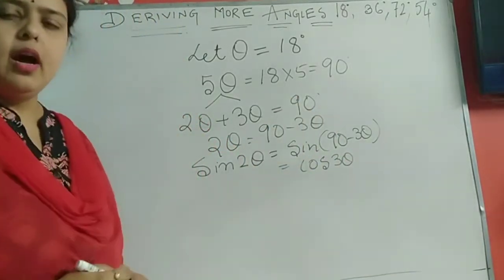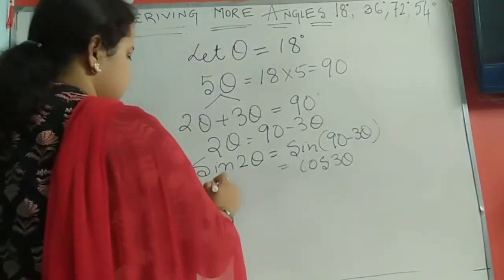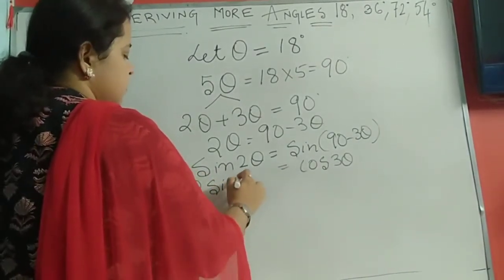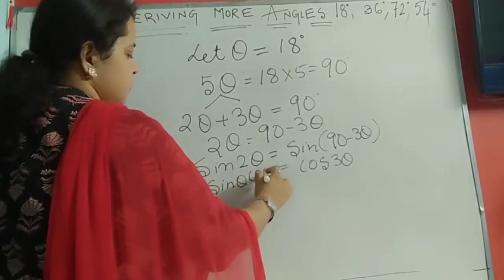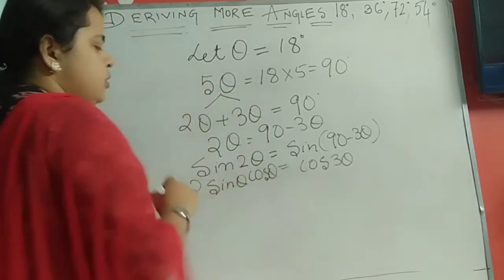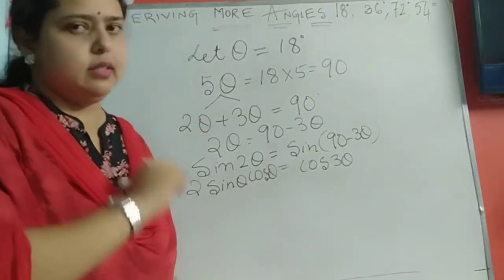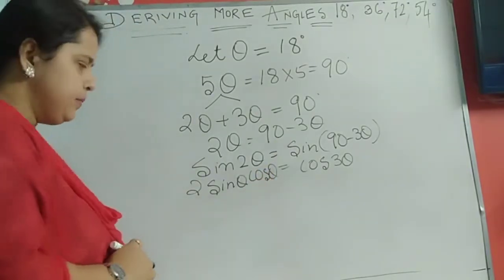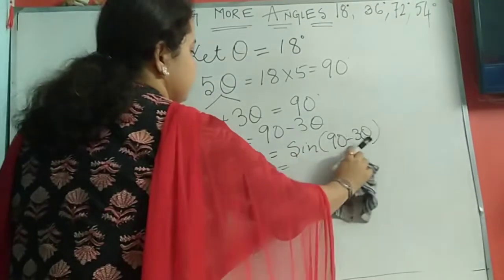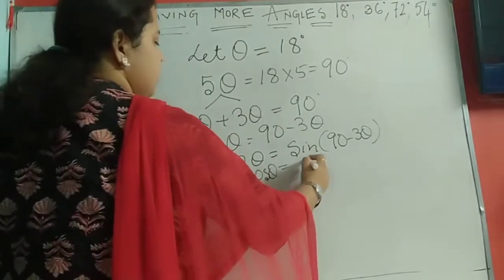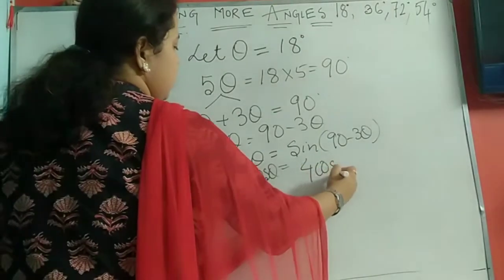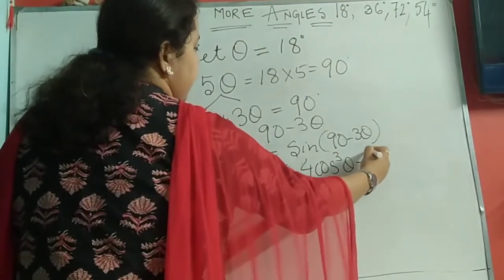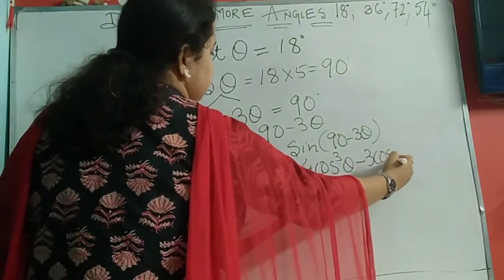Okay. Now what is the formula for sine 2 theta? It is 2 sine theta cos theta. And what is the formula for cos 3 theta? It is 4 cos cube theta minus 3 cos theta.